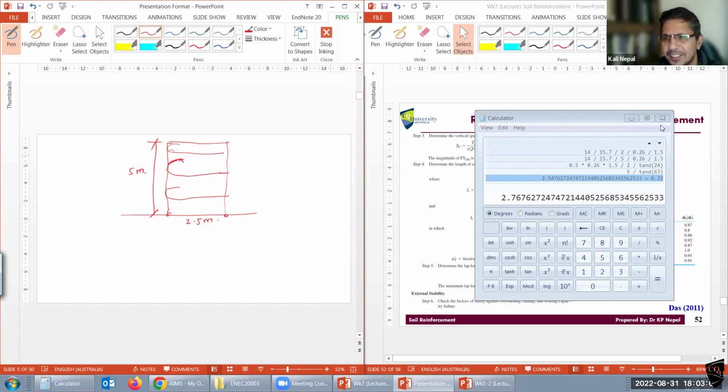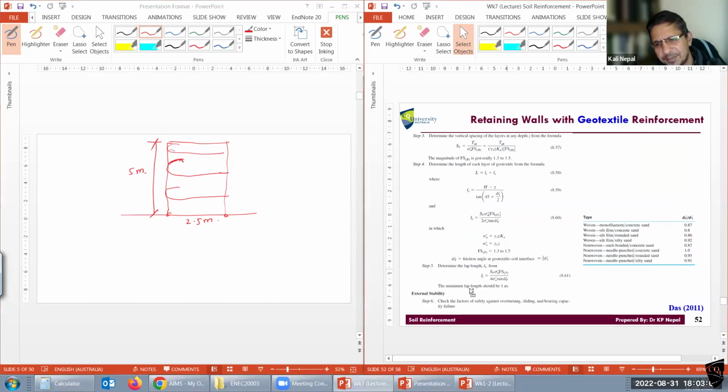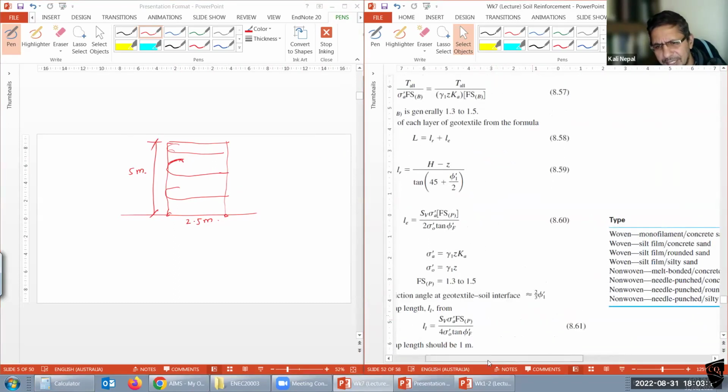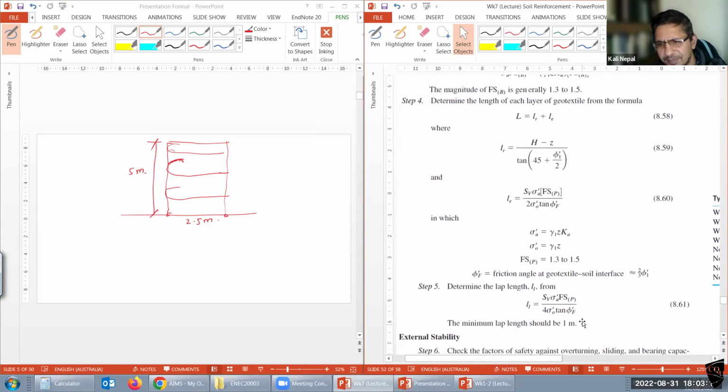So there is a formula for that. This one. Can I enlarge a little bit? Can you copy that formula? You see this one, step 5. So LL equals SB 0.5 sigma Ka. We have that, right? So it's 0.26. Already we had the factor of safety pullout 1.5 divided by 4 times, that's what I need is gamma tan, 10.